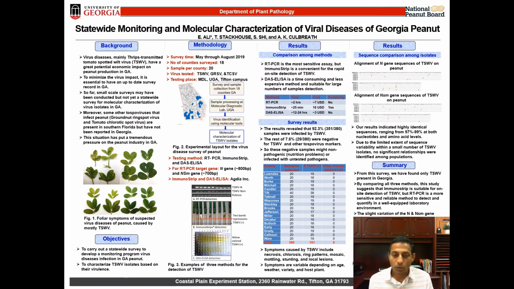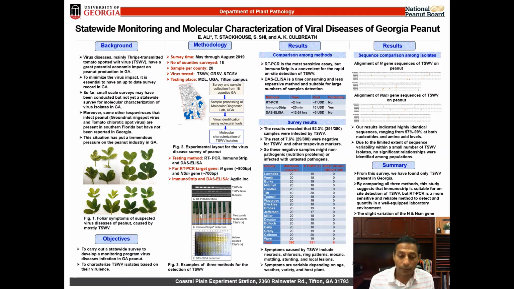To see whether other tospoviruses were present in these samples, we tested with other markers like GRSV and TCSV, but we found them negative as well. So these negative samples might not even be pathogenic. It could simply be a nutritional problem, or maybe infection with some untested pathogen.